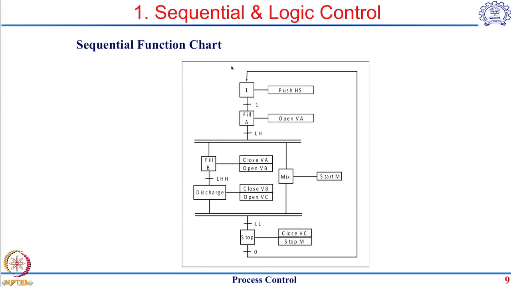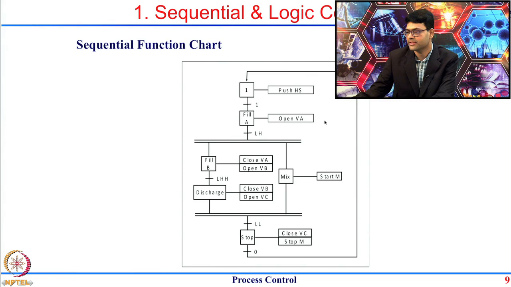So, here is a sequential function chart for this particular system, and you can see that it starts with a point where there is a push button which the operator is going to push. When the operator pushes this hand switch HS, 1 is the value which goes to the controller, and when the value is 1 it will open the valve VA.